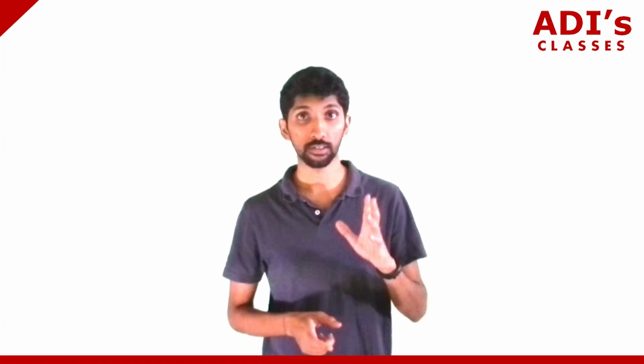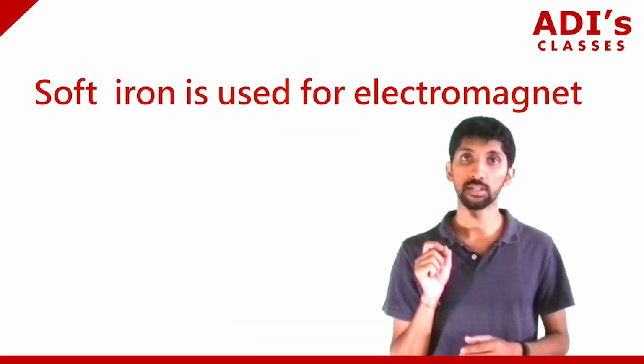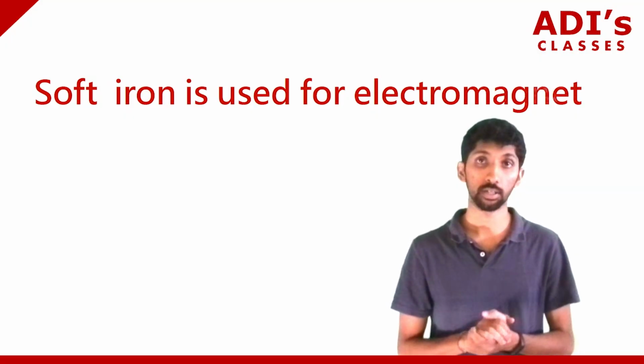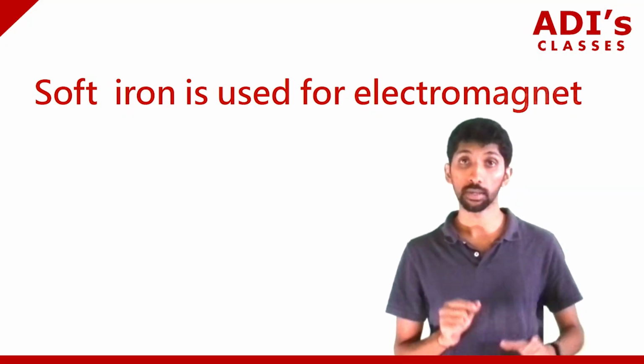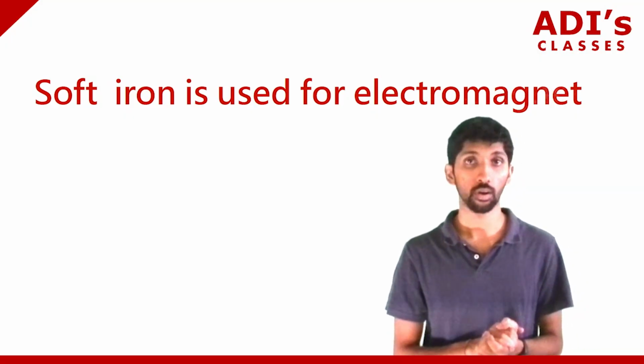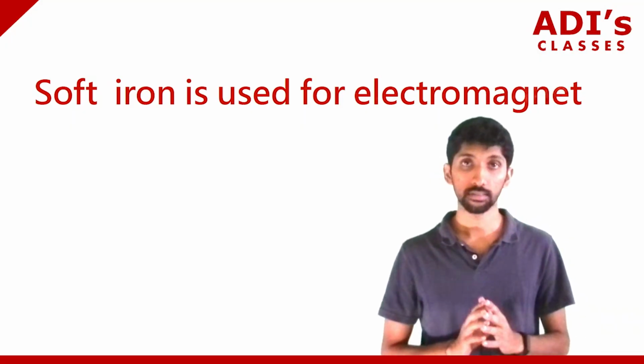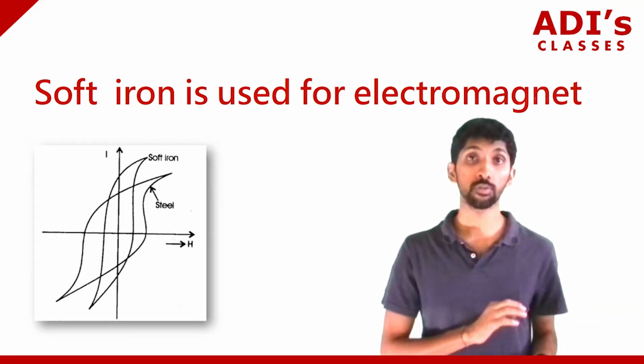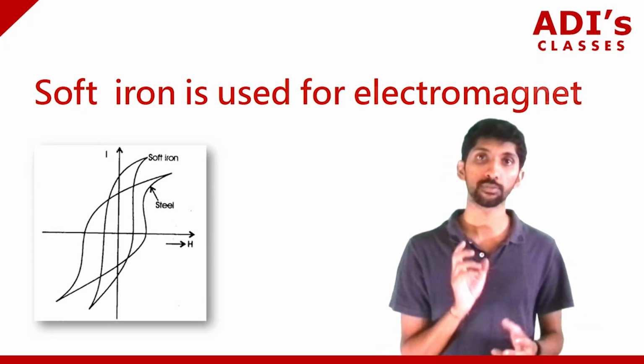So this is the reason why soft iron is used to make electromagnets, because it has very high retentivity but very low coercivity. It's the same reason why even transformer cores are made of soft iron.